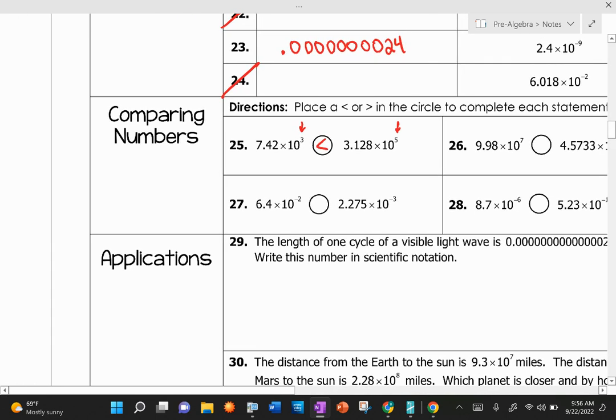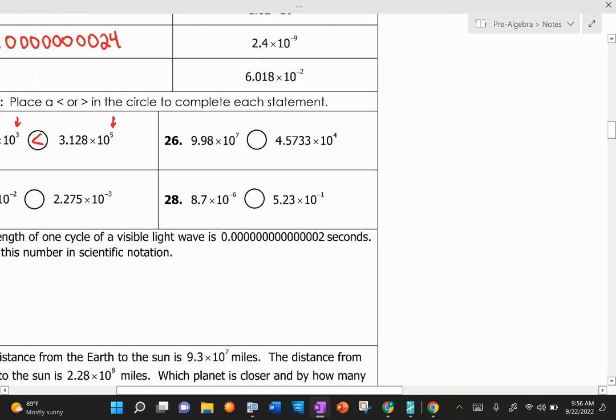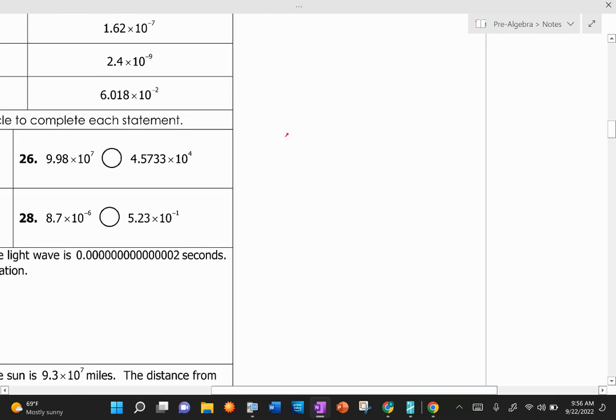So you could have, let's say, 8.432 times 10 to the third power versus 8.563 times 10 to the third power.